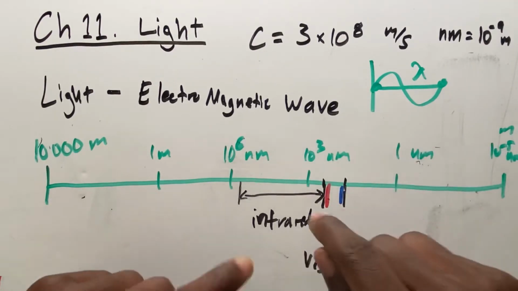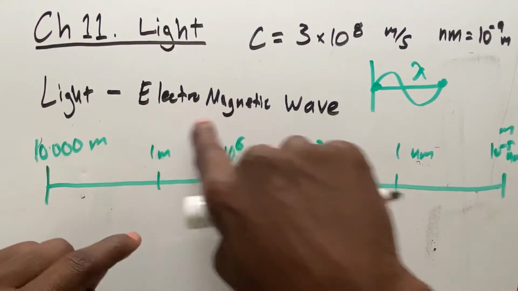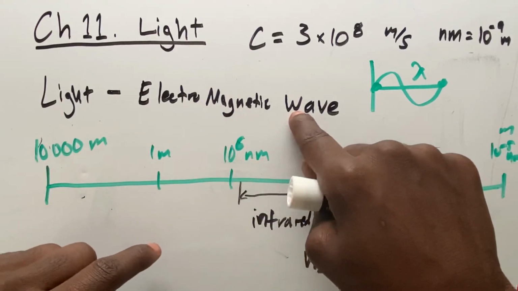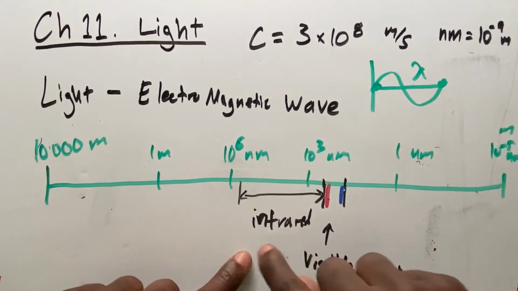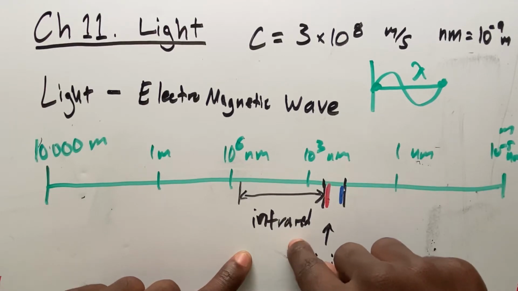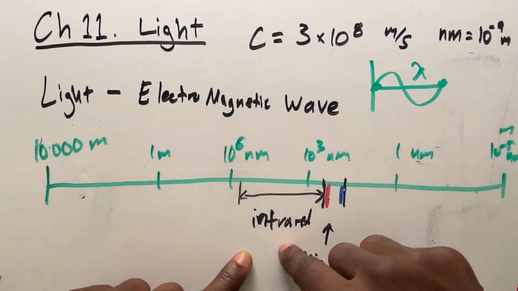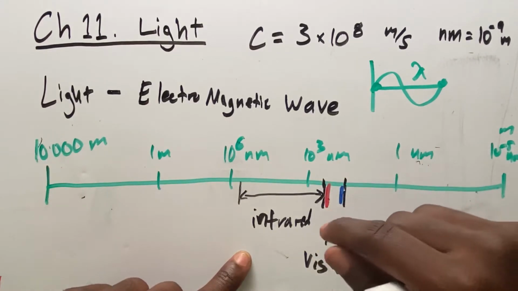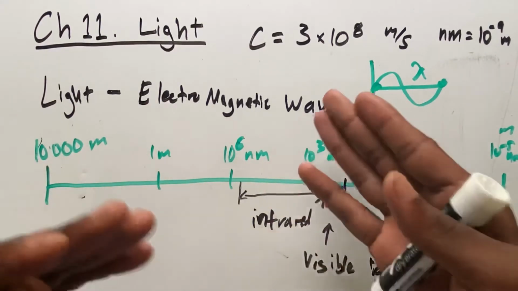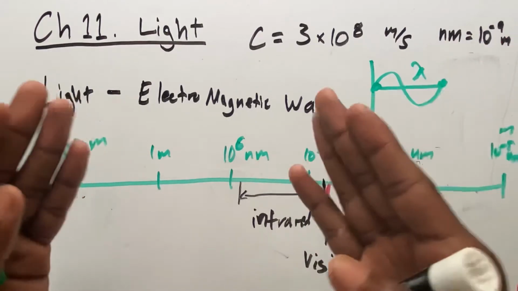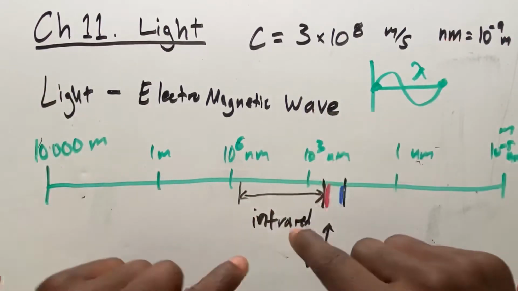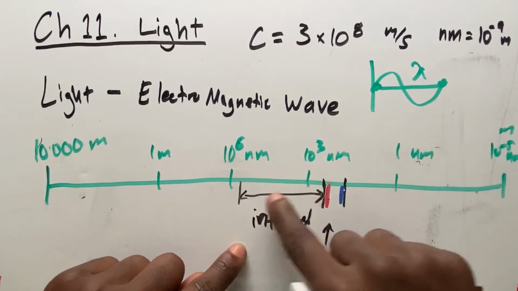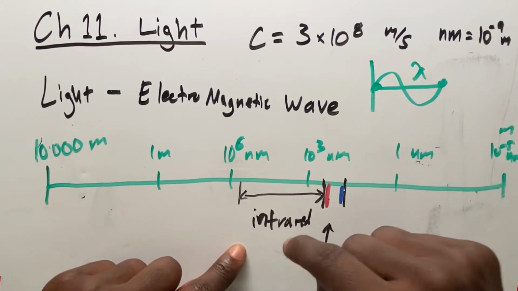So basically your body is giving off light or electromagnetic waves in the form of heat in the infrared region. But we can't see it. But let's say you could see into the infrared region, then you would be able to see basically how hot a person is. So if a person is really, really cold, you would be able to see that because they would be somewhere in the infrared region.